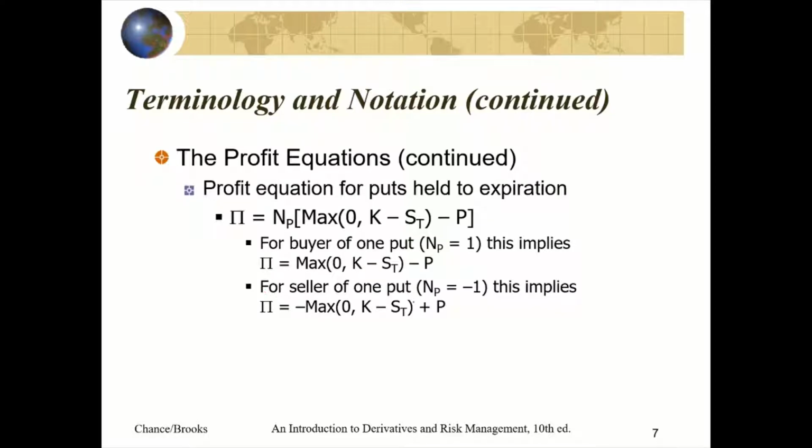For the seller of a put option, since he took a short position, the writer of the put option, the number of puts will be negative, so the profit will be basically the payoff he will pay and the premium he received.